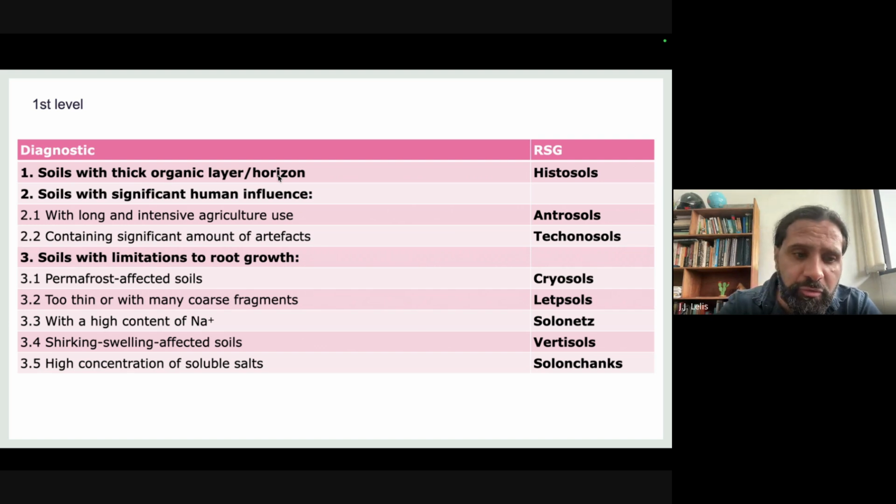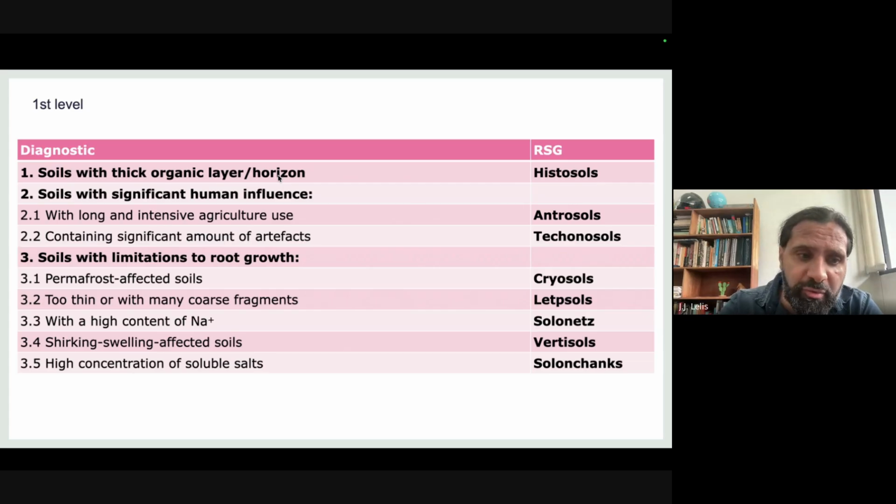We have soils with a high content of exchangeable sodium with the natric horizon, for example, and we call them solonetz. And because of this high sodium content, we know that it should register an intense migration of clay, forming a horizon with a very high bulk density that prevents or at least limits root growing.